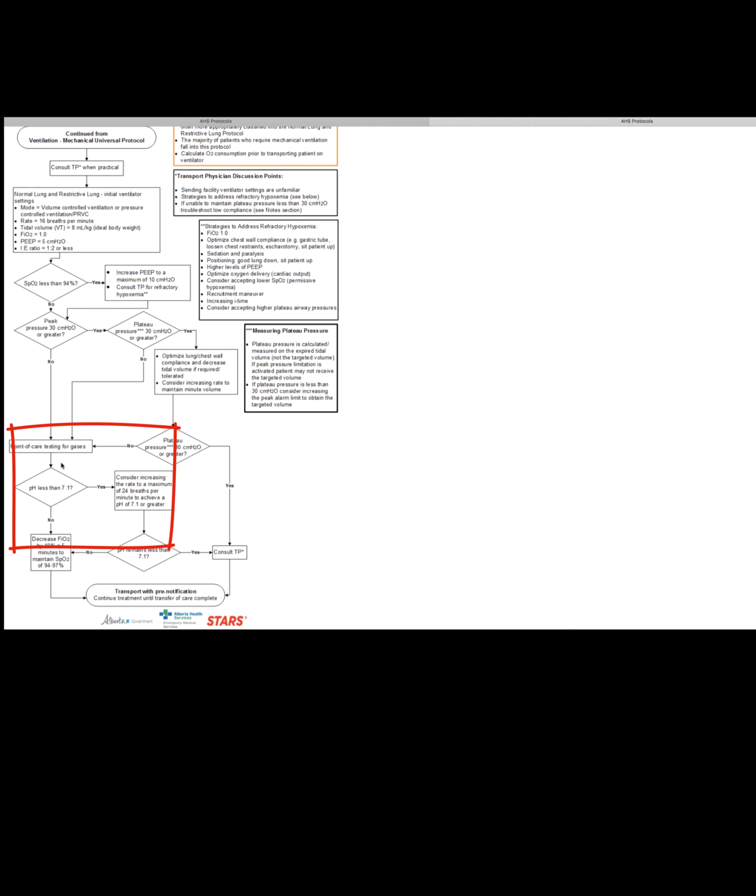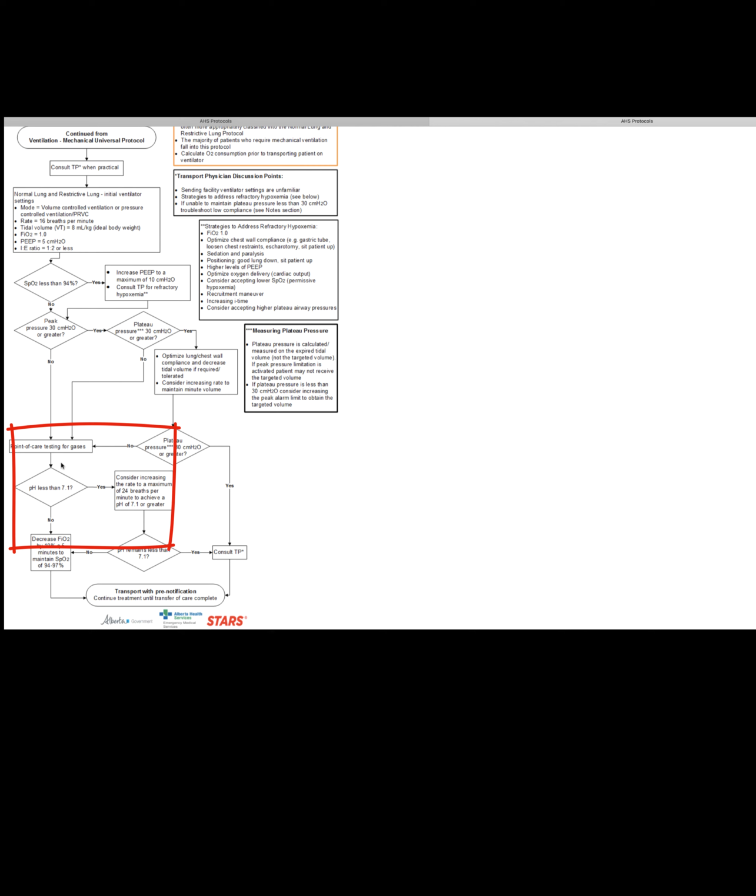Yeah, I mean, we all have that concern. We don't like acidemia, but maybe the number by itself isn't as dangerous as we once thought, especially when it's a respiratory acidosis. But let's talk about this. In this scenario, if the pH is less than 7.1 and your exhalation flow is getting to 0 within the E time, meaning there is no auto PEEP and no breath stacking, then you may very well want to increase the rate.